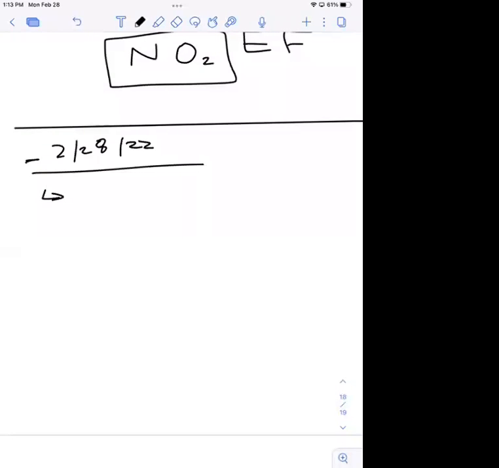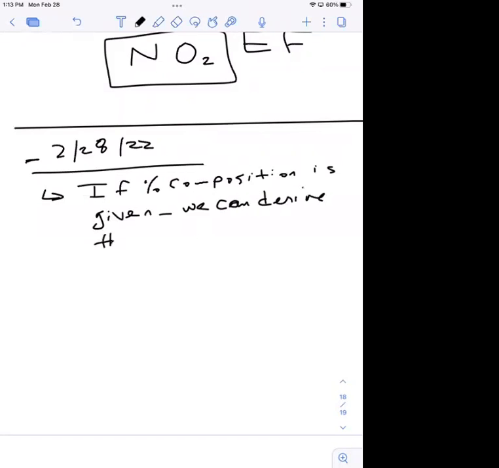So we're going to find out that if percent composition is given, we can derive the masses. All right, we can derive the necessary info.